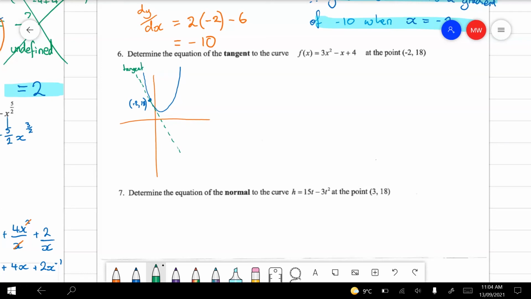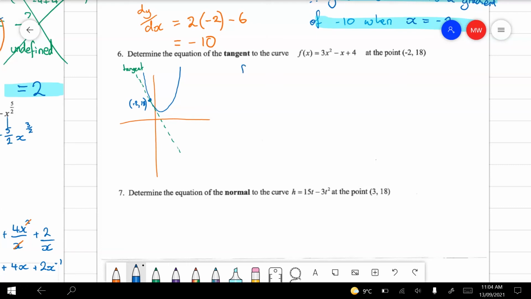So in order to find that, we're going to need to find a gradient at that point. And then in a second step, we'll need to determine the y-intercept or the constant so that we can write an equation for that line. So the first part of this is not new.